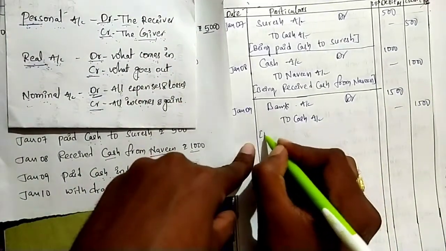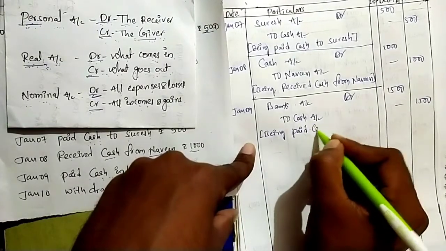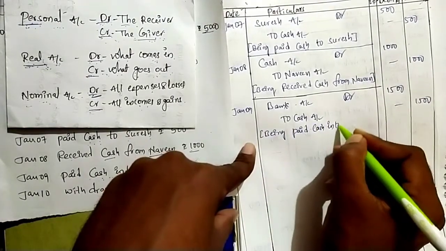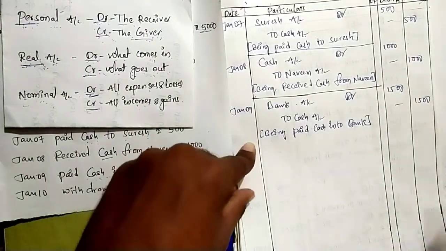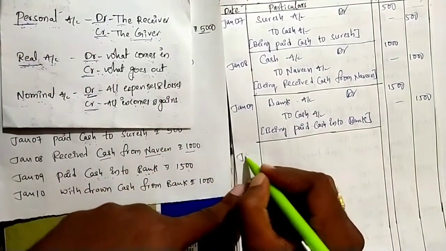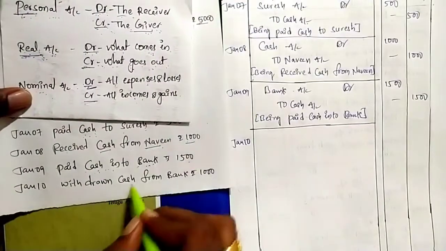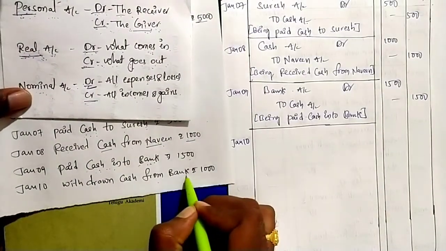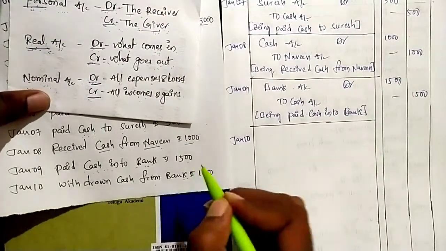See this narration, being paid cash into bank. Okay, next close this. Next, last transaction, January 10th. Okay, withdrawn cash from bank means we withdrawn cash from bank, means cash comes into the business.